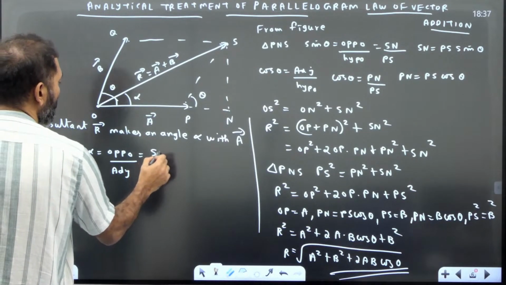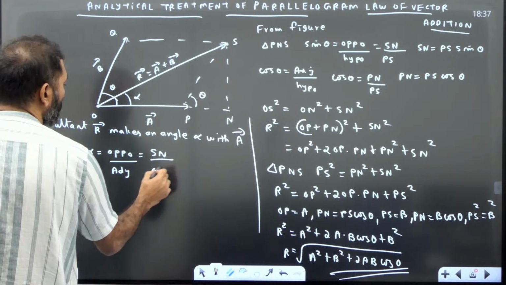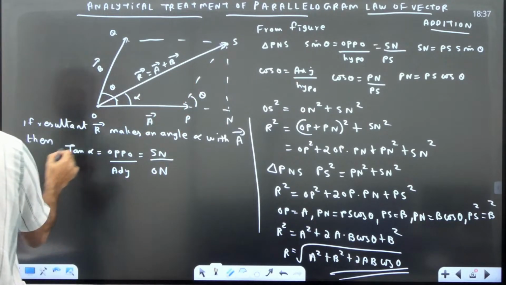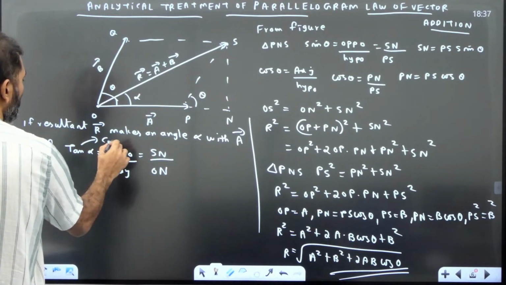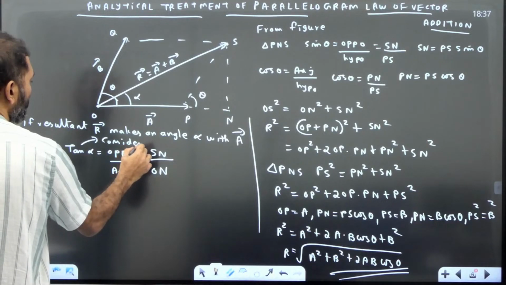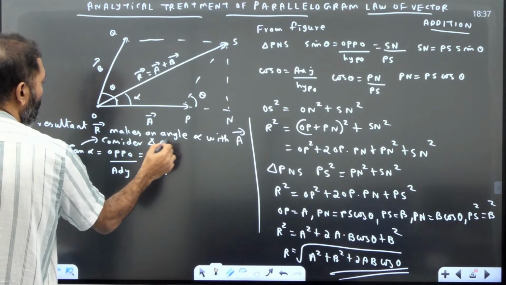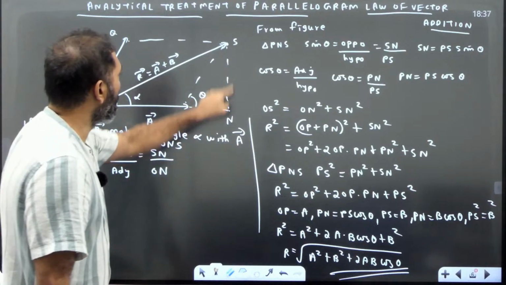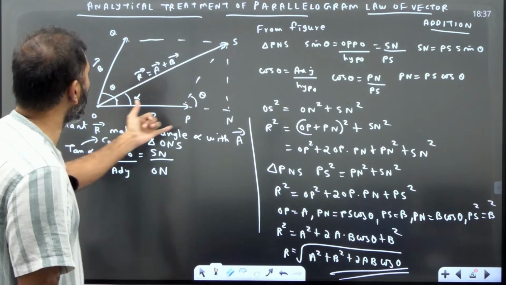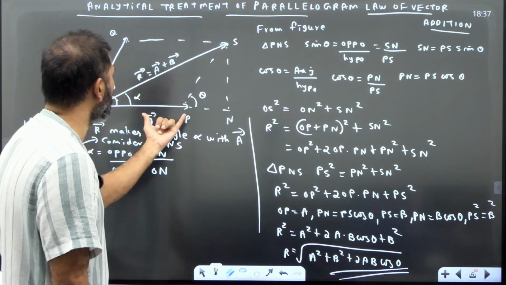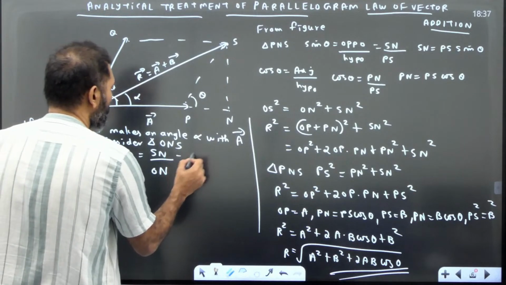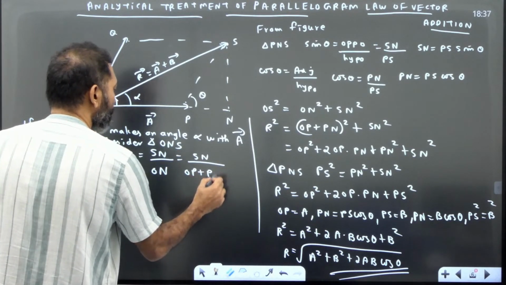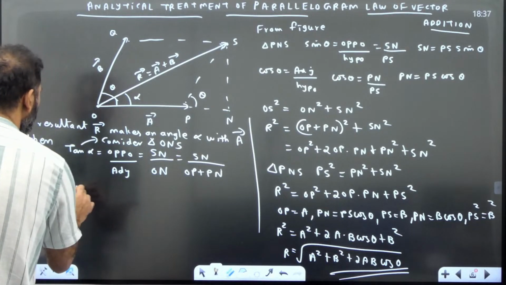Opposite is what? SN. Adjacent side is what? ON. If you take the bigger triangle ONS, tan alpha equal to what? Opposite SN by adjacent side ON. Instead of ON, I should write OP plus PN.